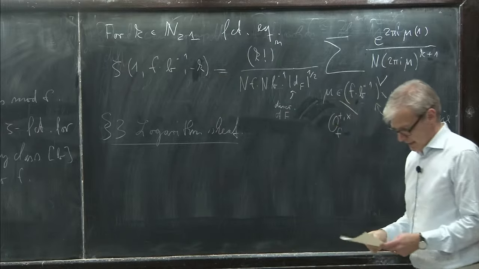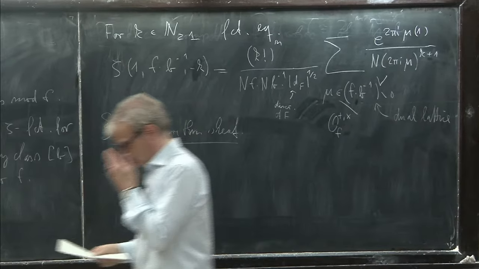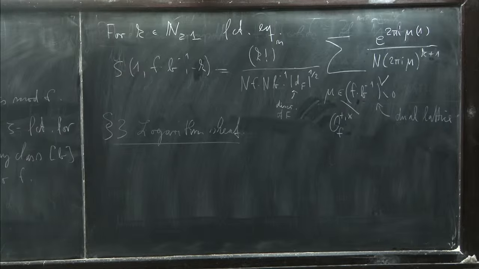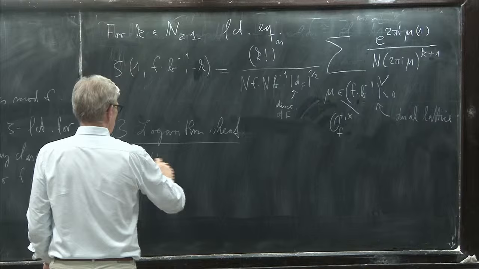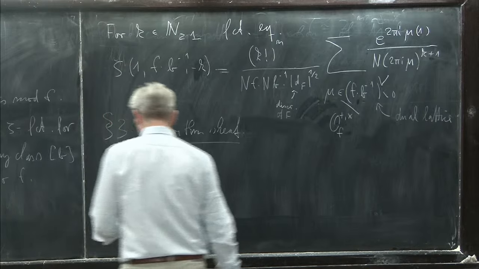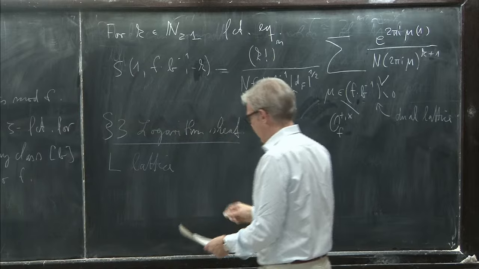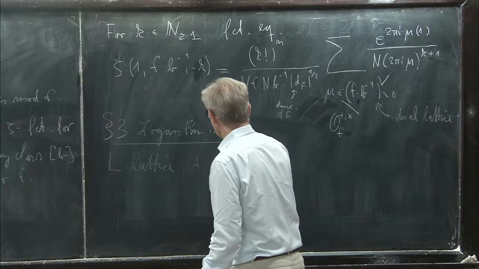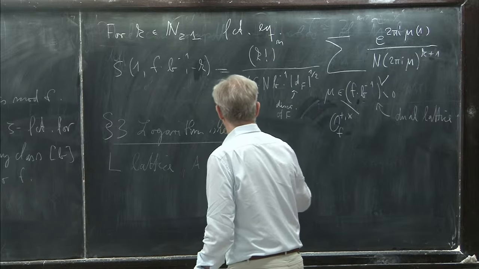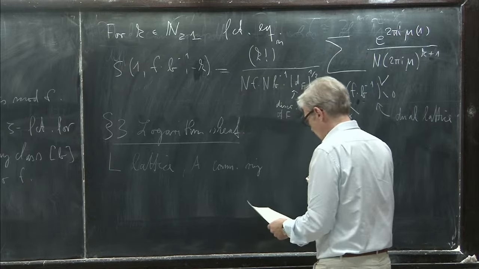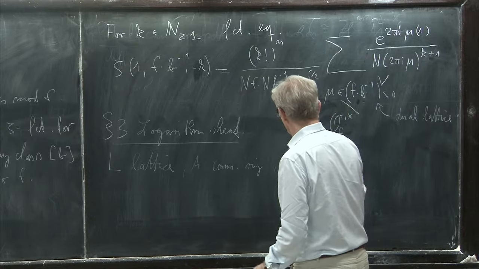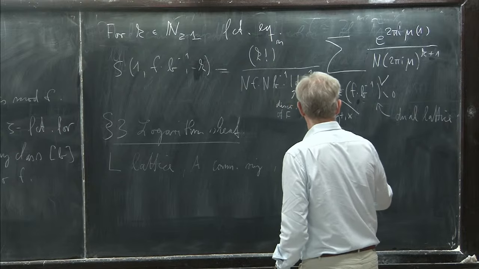Let L be this lattice as before, of rank n, and A is also this commutative ring, and we have the group ring AL.